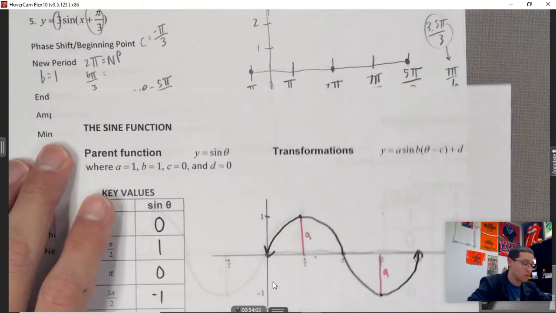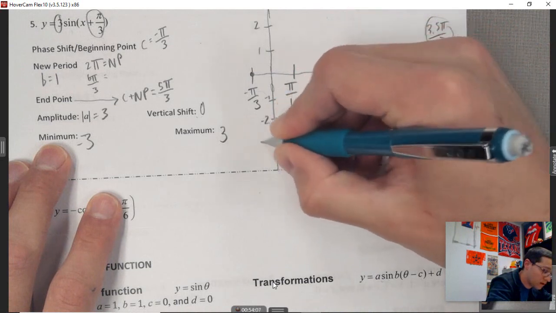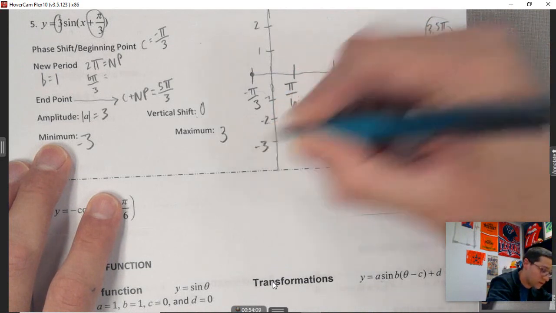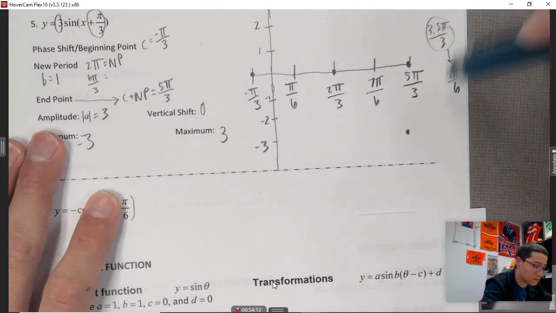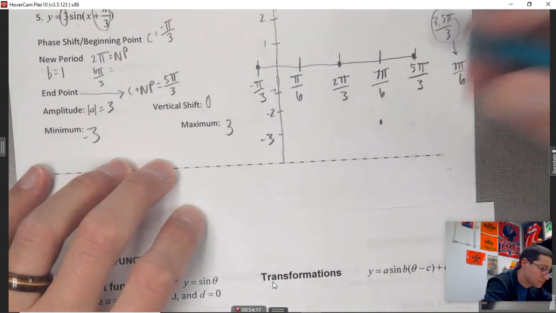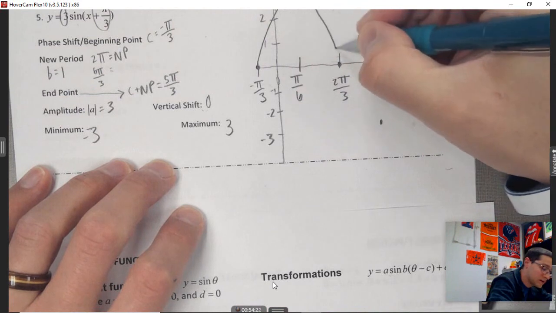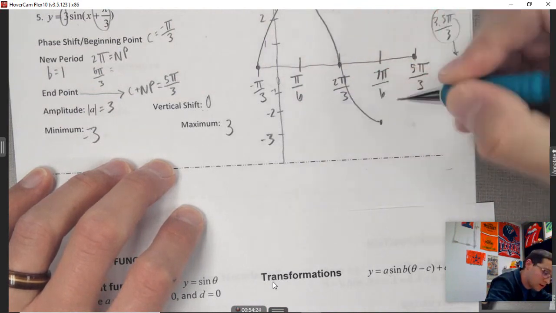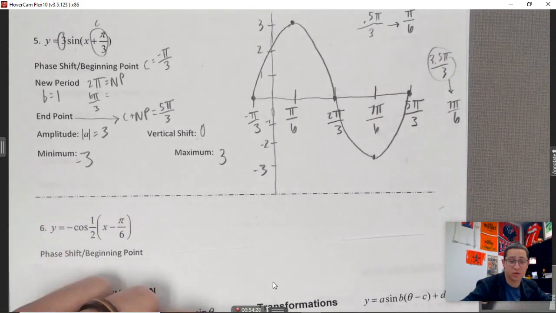And then your bottom one, you've got negative 1 here, negative 2 here, negative 3 here. So there it is. Right here. Okay. So up here, back down, here, here. That is your graph.